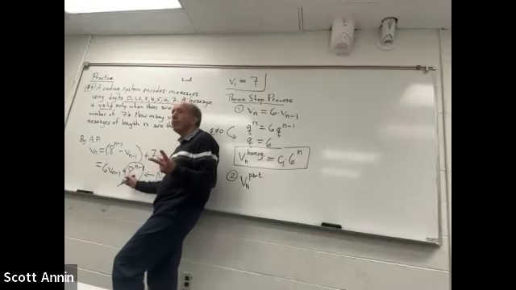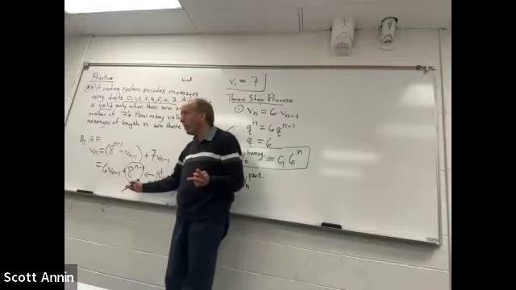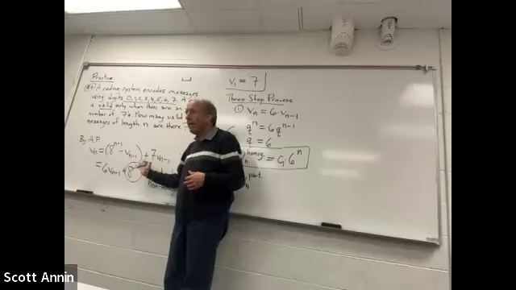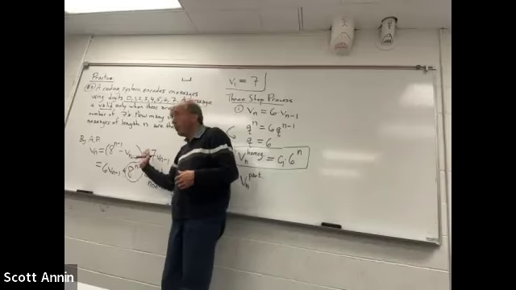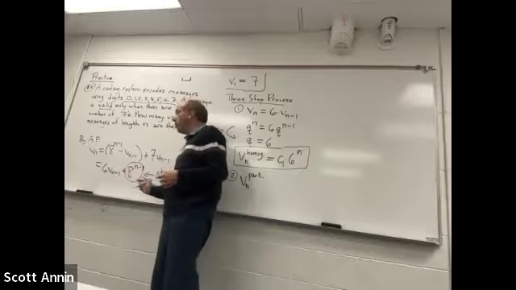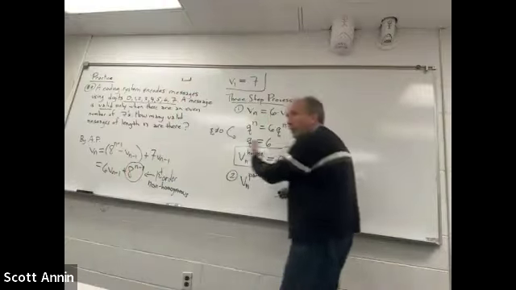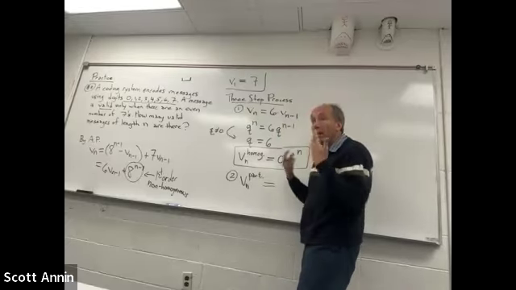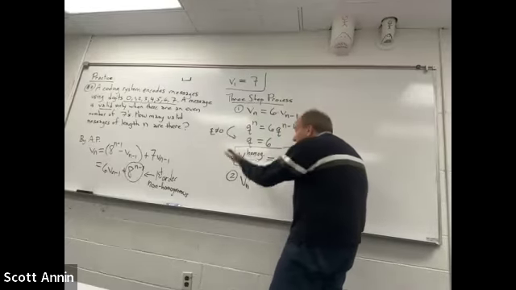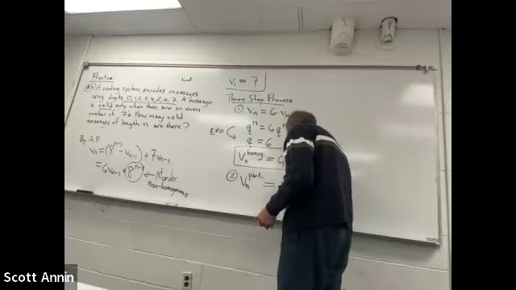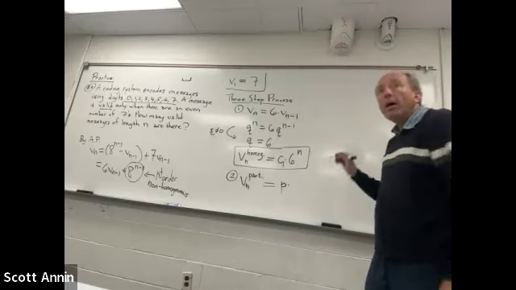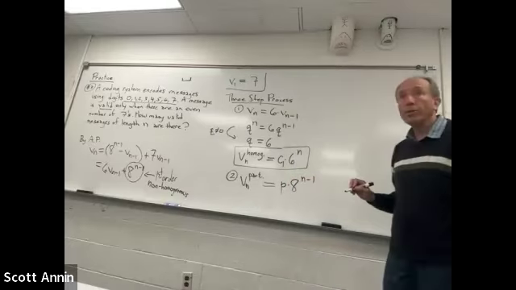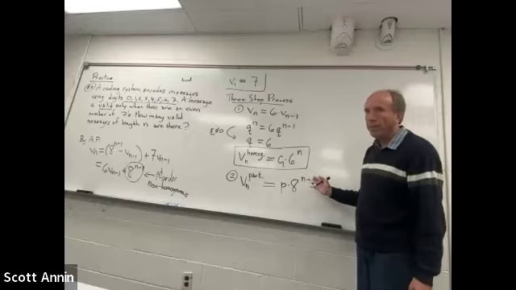One of them is if this non-homogeneous term was a polynomial, and the other one is when it is an exponential. This one is an exponential, and the way that you then transfer over to your particular solution is you create another exponential that's of the same form with some coefficient. I think I used p for this. P times whatever your exponential is. So 8 to the n minus 1.